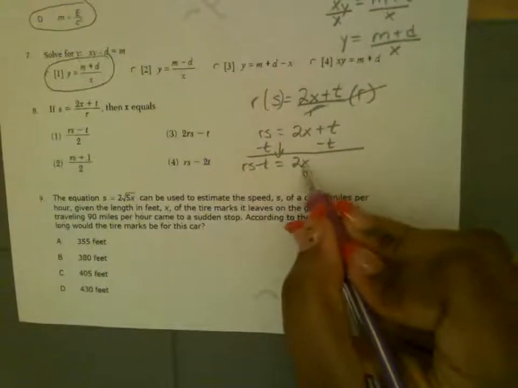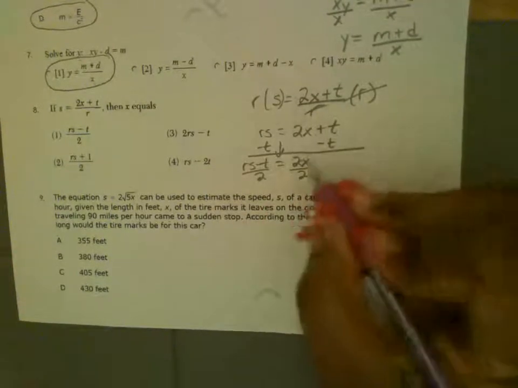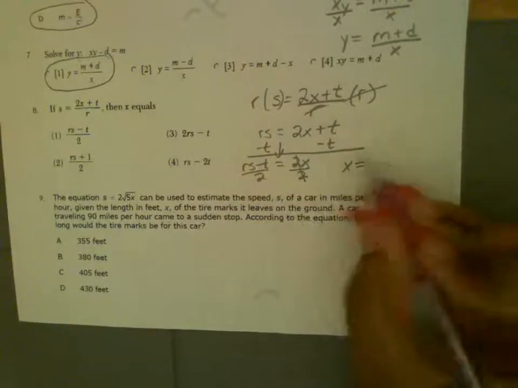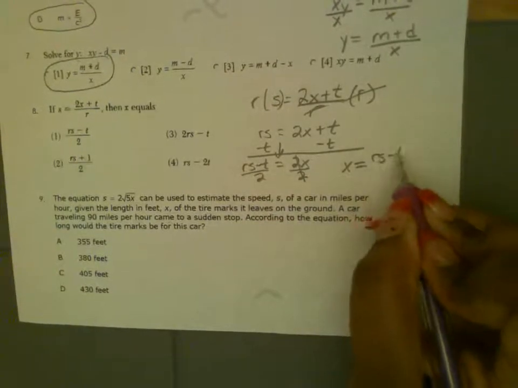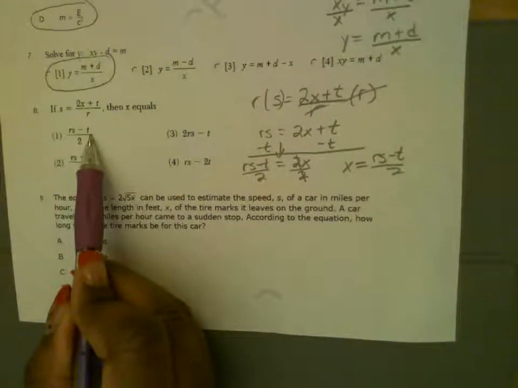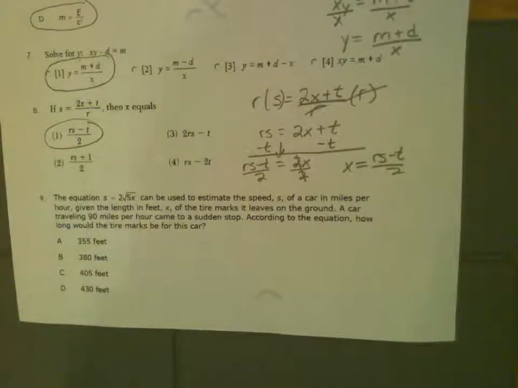Now to get rid of the 2, which is multiplied times the x, we're going to divide both sides by 2. So when we do that, that gives us just x on this side, and x is equal to rs minus t divided by 2. So that's what we're looking for: rs minus t divided by 2. Okay, and this is the answer there.